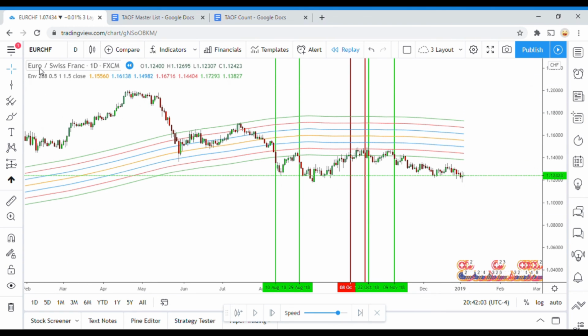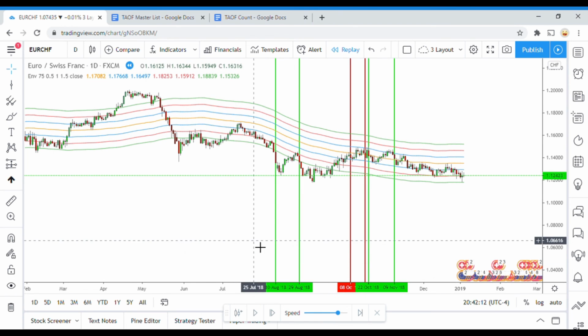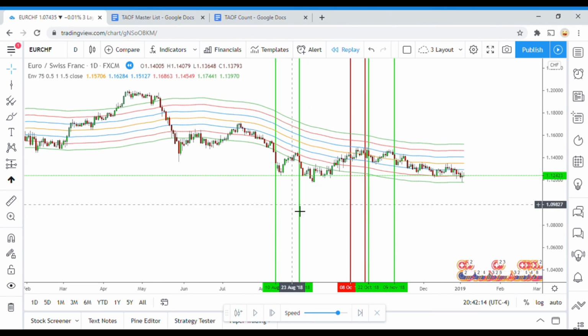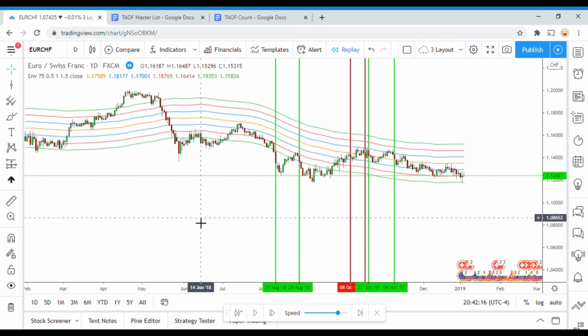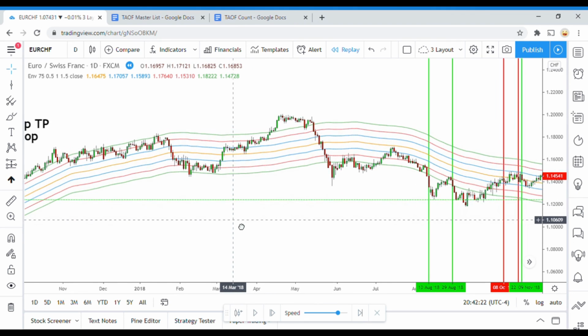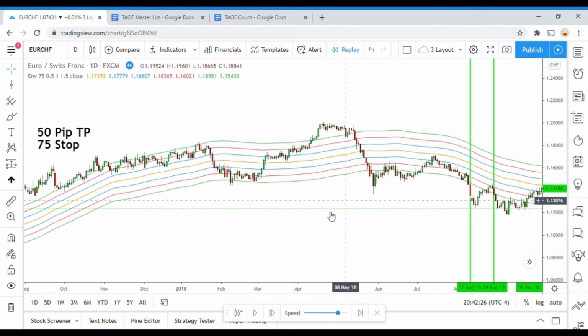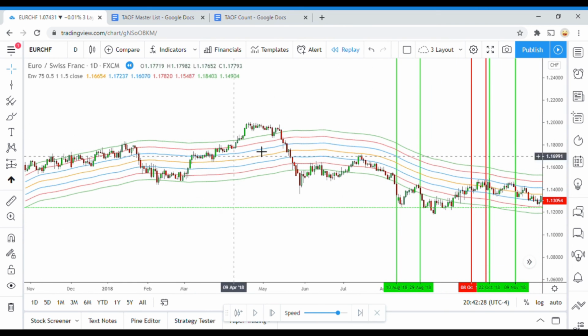And then again, we can go in and tweak the settings, play around with it, and see if we can really, really dial it in and start to pick up on some of these really good moves.